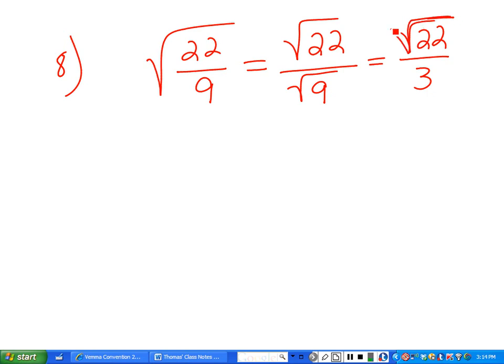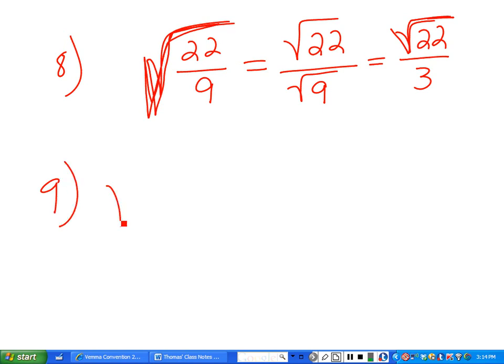And that's actually the final answer because there are no perfect squares in 22. There's also a rule that I have to get radicals out of the denominator, and we have just satisfied that rule because there are no radicals in the denominator now. Here, this is considered to be a radical in the numerator and denominator.